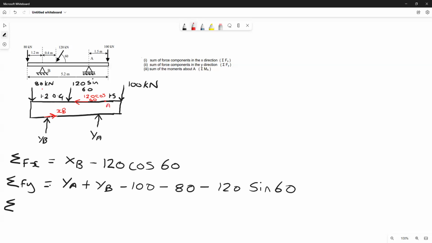Next we can work out the sum of the moments at point A. So we can get the relevant equation. We know that to work out a moment, it's force times perpendicular distance. So in this case, it would be 80 multiplied by 3.